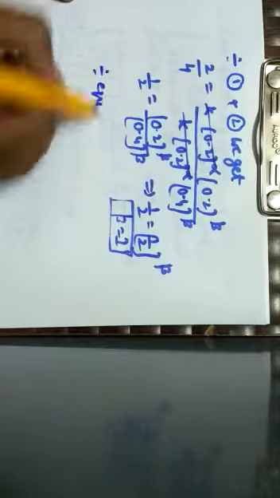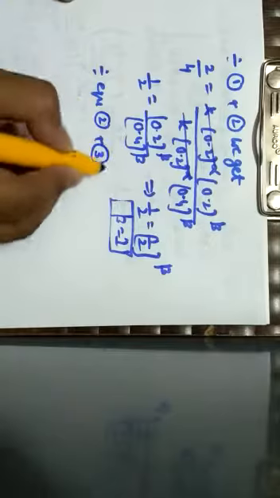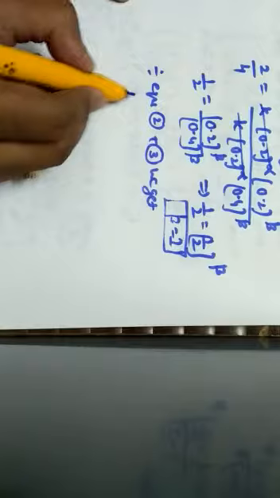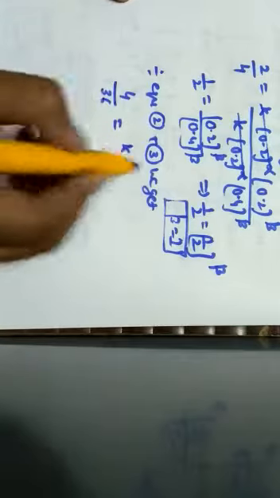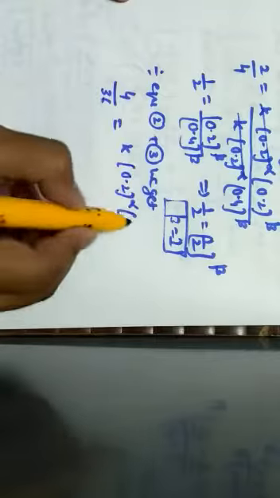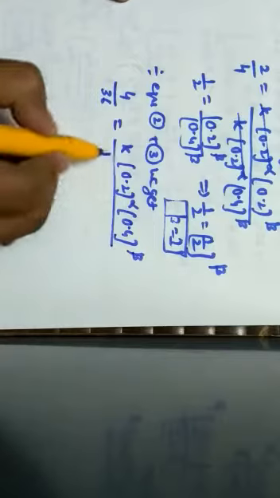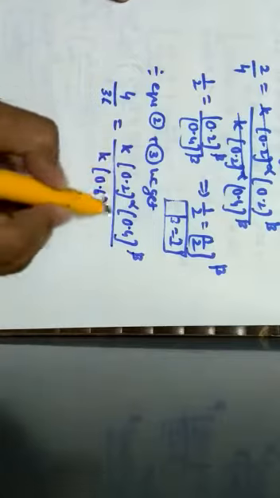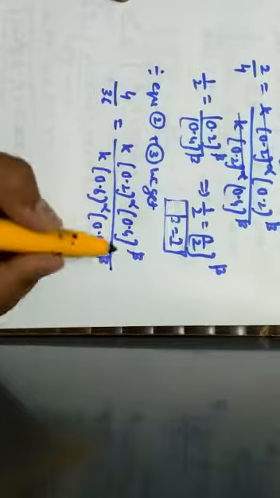Next, on dividing, we have to find the value of alpha. On dividing equation 2 and equation 3, we get 4 by 36, this is the rate, equal to k into 0.2 raised to alpha into 0.4 raised to beta, whole divided by k into 0.6 raised to alpha and 0.4 raised to beta.